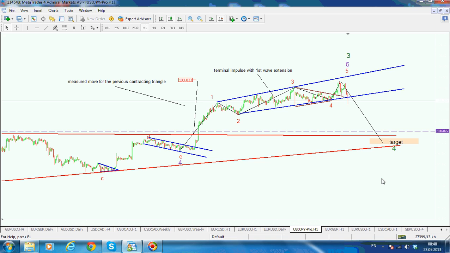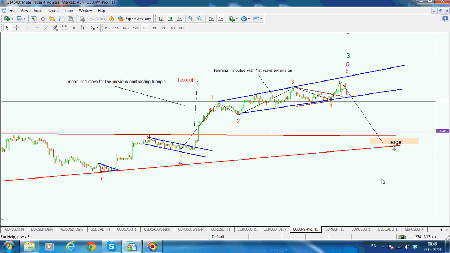Now, this is not the minimum target. It is just an educated guess about when and where this move to the downside on the Japanese yen is going to stop, or at least is going to hesitate.